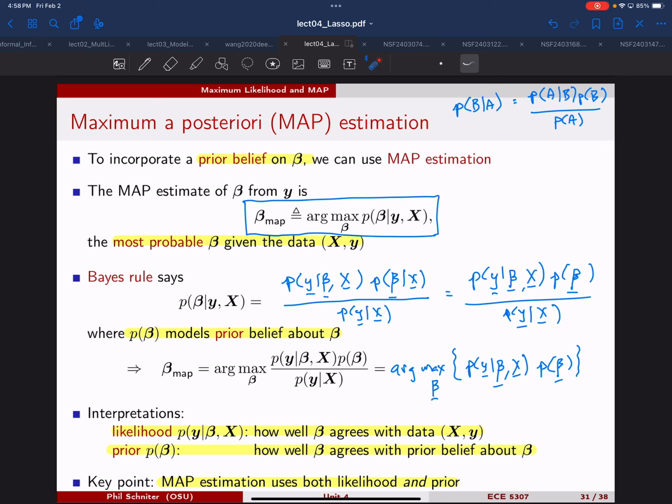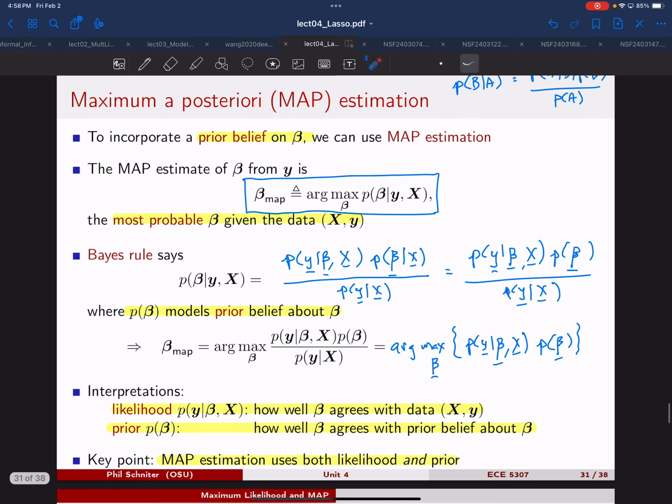If you give me one or the other without its complement, I can't, right? So maybe that's one way to think about this assumption. Given the features alone, I can't really tell you what beta is. Given features and targets, yes. But features alone, I can't tell you. Okay, great. So any questions on this?